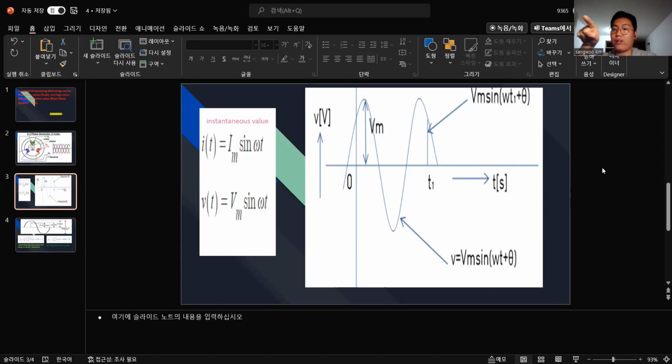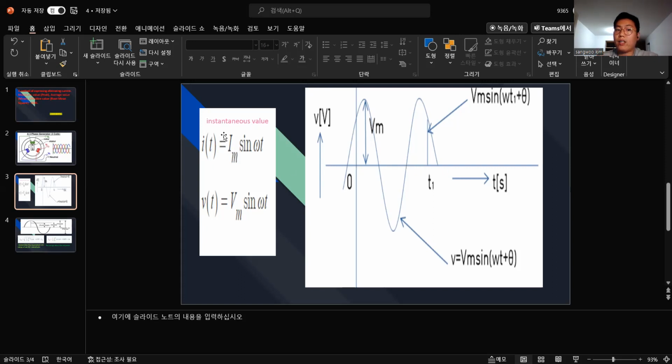It's not DC. DC is direct, right? So as you can see here, you can see a waveform, but there's some point. For example, this is time, and you can see the T1 point here. We want to know this point's value. So we say this is the instantaneous value, right?